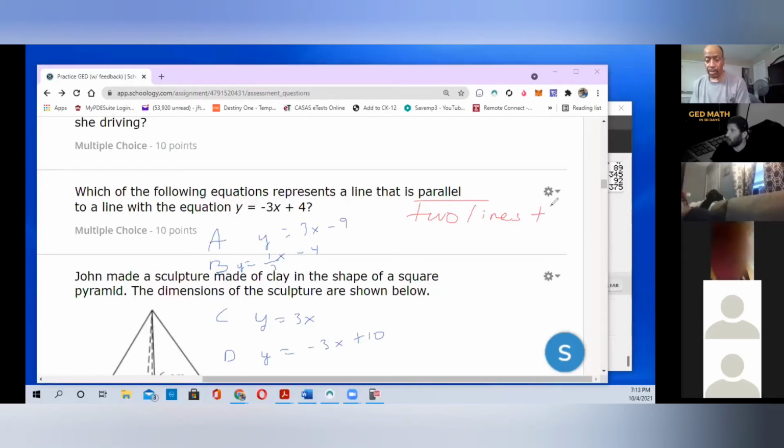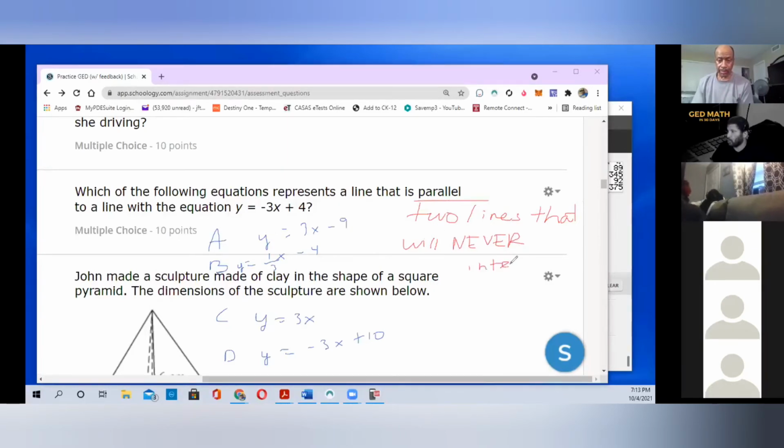I said that will never intersect or cross. Because we know they will never cross, what that tells us is that they have the same exact slope. So the slopes are the same.